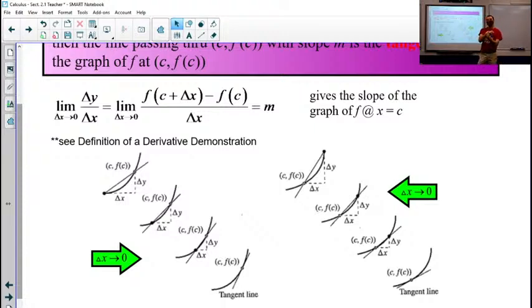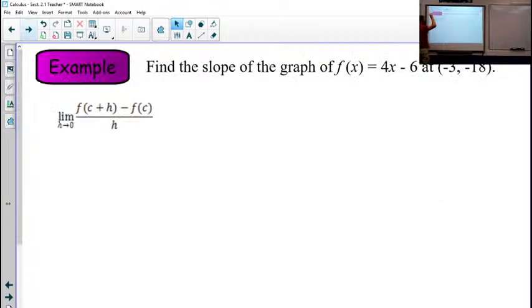Math uses it too. If you see delta, it's going to be change. So sometimes you'll see delta y over delta x. Sometimes you'll see dy over dx for change in y over change in x. But we're using h to stand for this little distance.